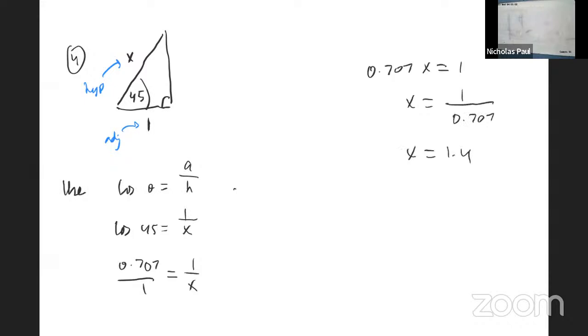Cross multiply if you want, or you could work it out. I know most people did it like that, right? Cos 45 is how much? 0.707, all over 1, is equal to 1 over x. Cross multiply, you will get 0.707 x equals 1. X is 1 over 0.707. 1.4. 1.41. Okay.